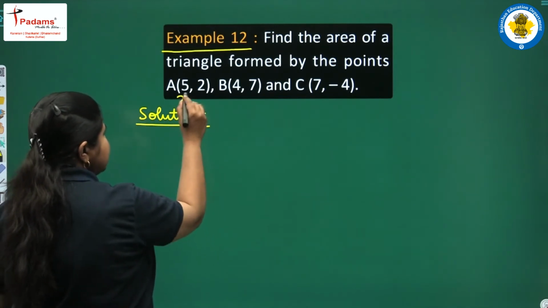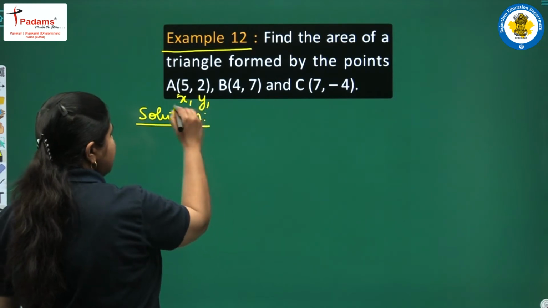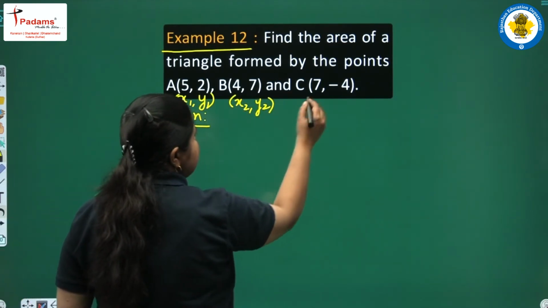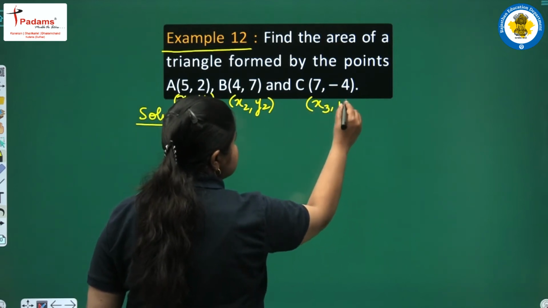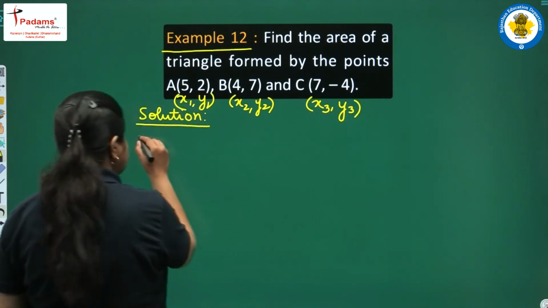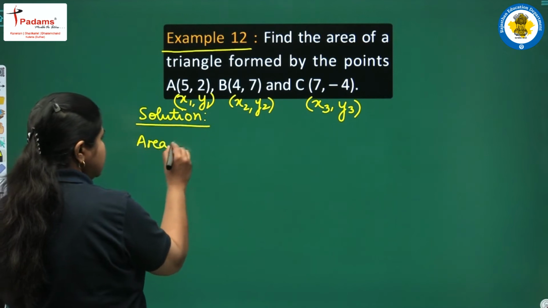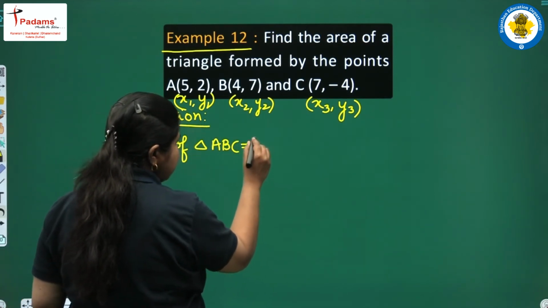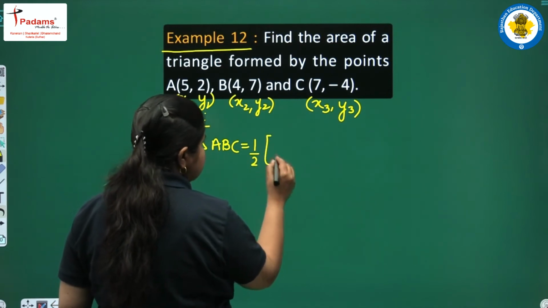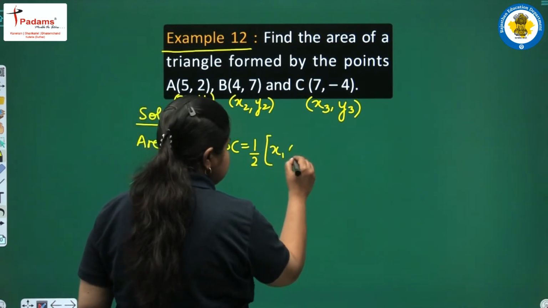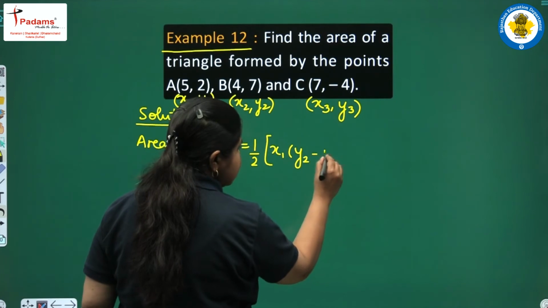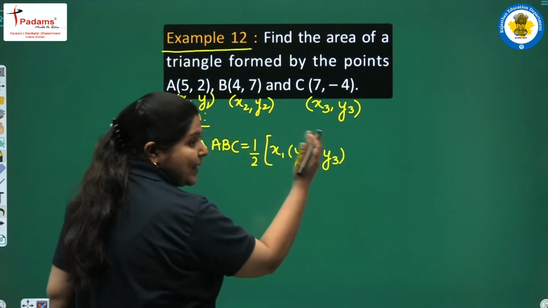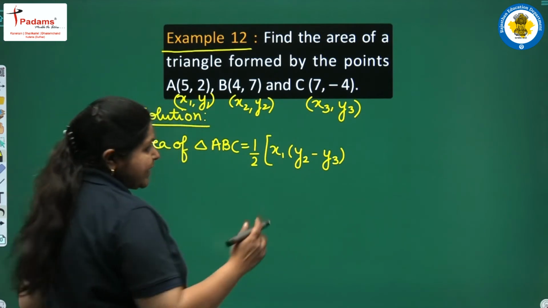Let us assume this to be x1, y1, this be x2, y2 and this be x3, y3. Then area of triangle ABC here, it will be given by the formula half x1 into y2 minus y3. यहाँ ध्यान रखिएगा साइकिल को, 1 के बाद 2, 2 के बाद 3, और आप इजीली ये फॉर्मूला लिख सकेंगे.